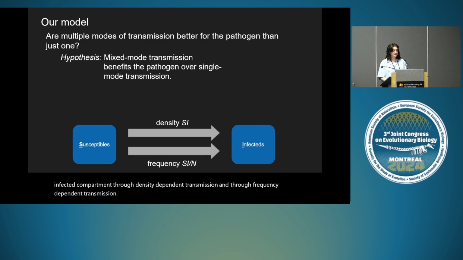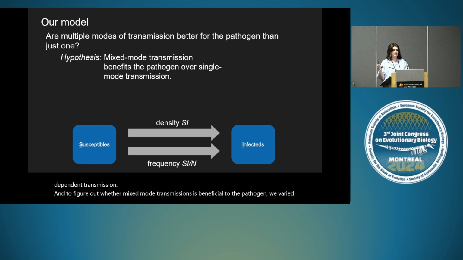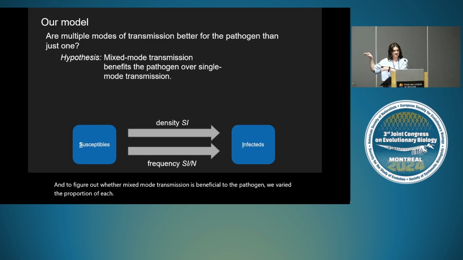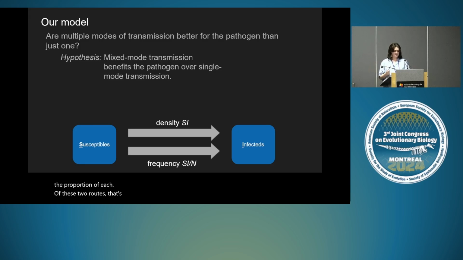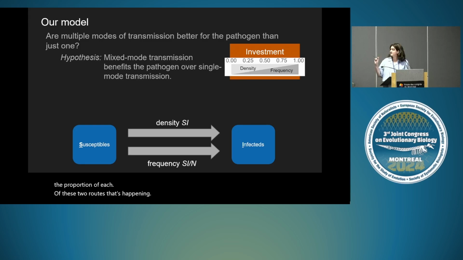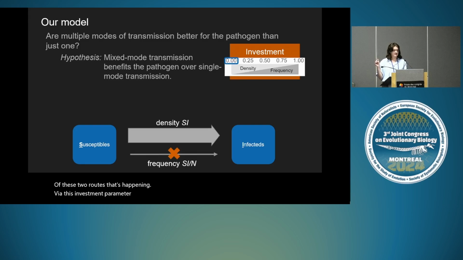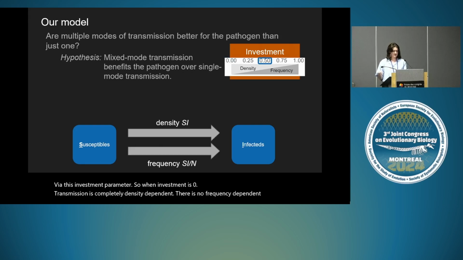And to figure out whether mixed mode transmission is beneficial to the pathogen, we varied the proportion of each of these two routes that's happening via this investment parameter. So when investment is 0, transmission is completely density dependent. There is no frequency dependent transmission.